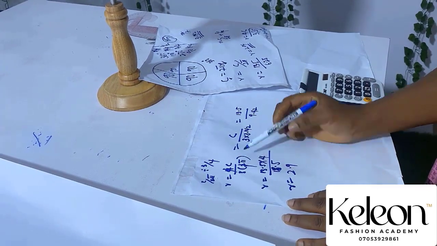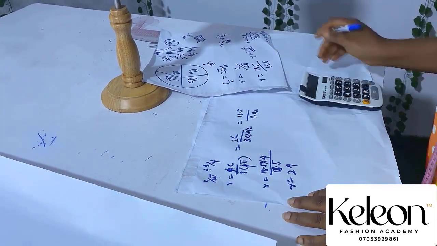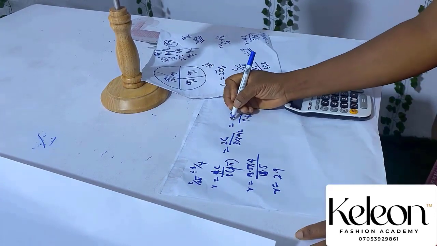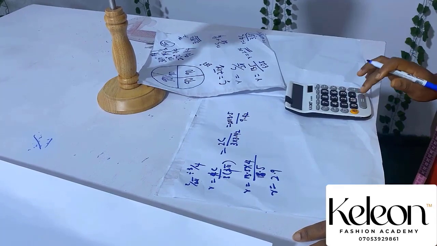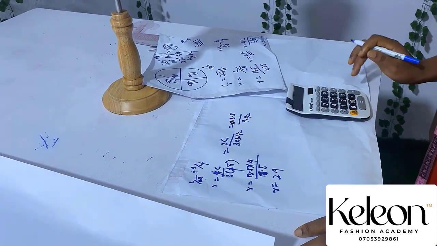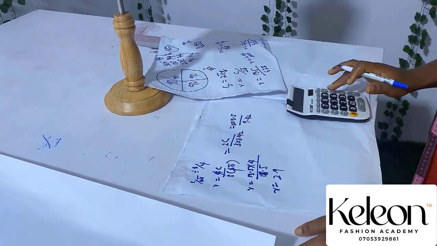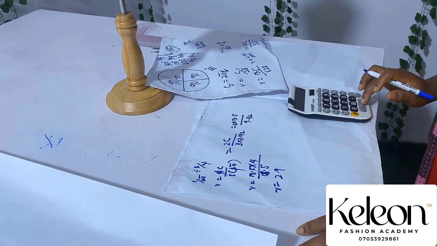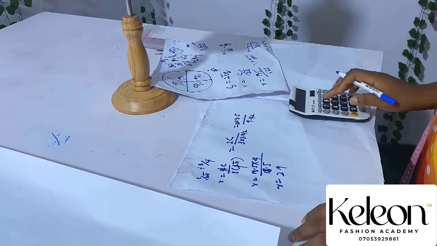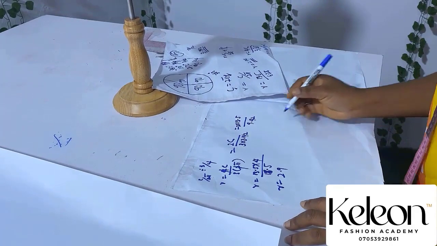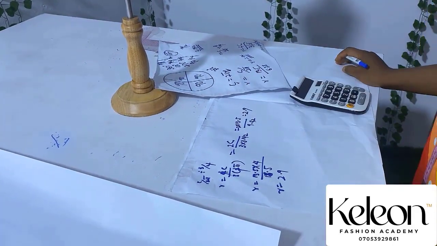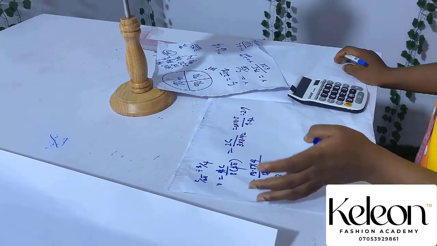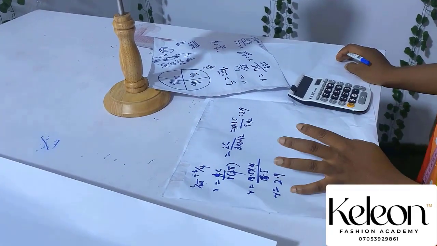This cancels this. Okay, we are left with 2C. So we have 2 times 13.5 divided by 9.42. So we have 2.86, which is approximately 2.9. So you can see, whichever way you choose to follow, they will give you the same answer.